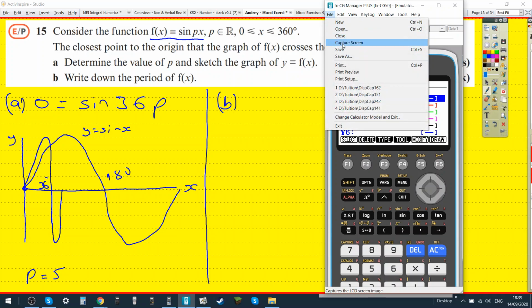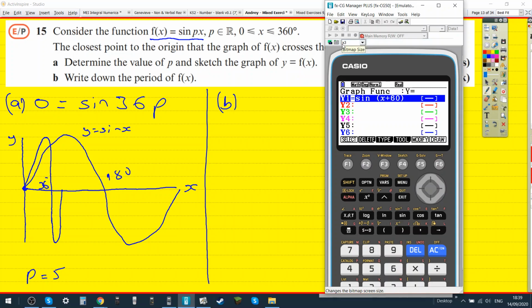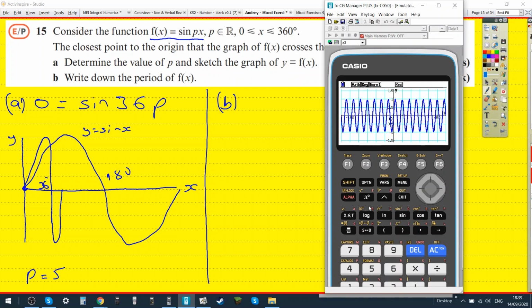If you're using your graphical calculator, it would be y equals sine 5x. Sine 5x. Right. That will be pretty frequent.